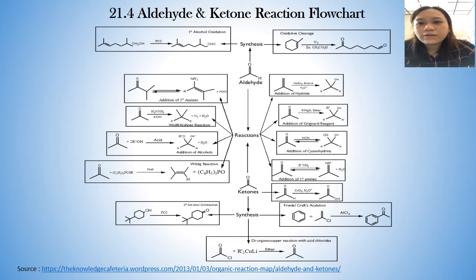For the general reactions, we have the addition of amines, addition of alcohols, the Wittig reaction, addition of hydride, addition of Grignard reagent, addition of cyanide, and the Wolff-Kishner reaction.